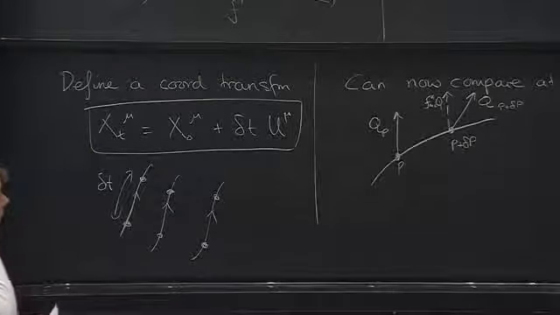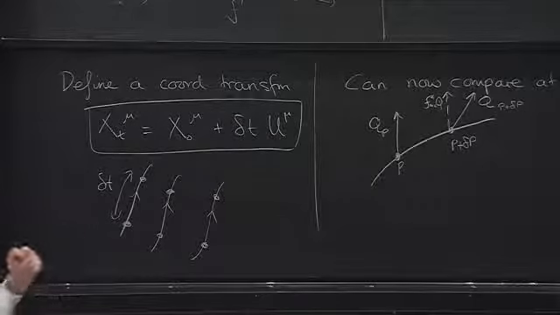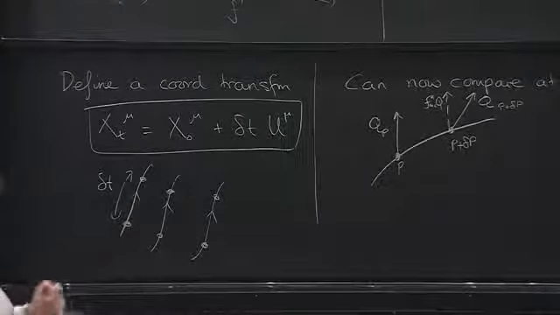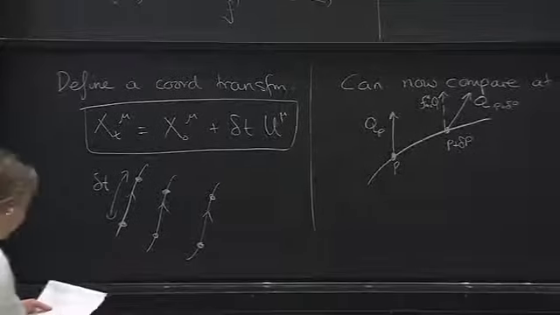We push forward or pull back, whichever's relevant, depending on what Q is, from P to P plus delta P. We compare that to the actual value of that geometric field at that point, and then divide by delta t, take the limit as delta t goes to 0. So that's what we do when we take derivatives.